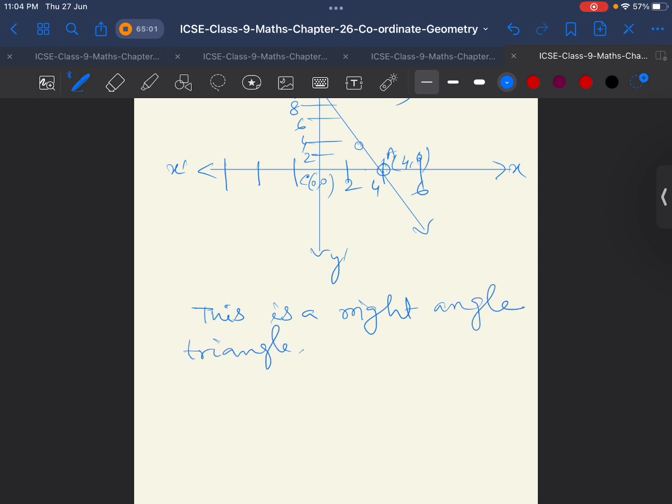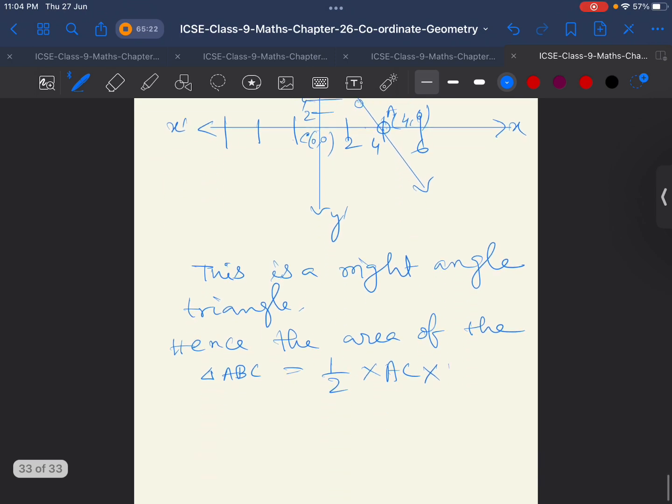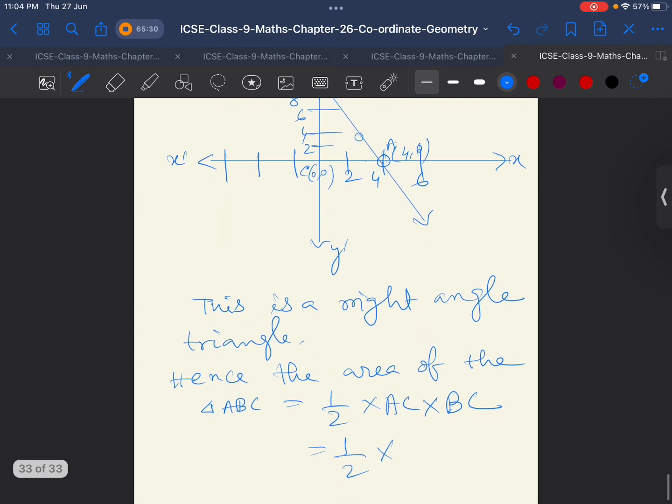Hence the area of the triangle ABC is half into base into height, altitude. Here the base is AC and the height is BC.